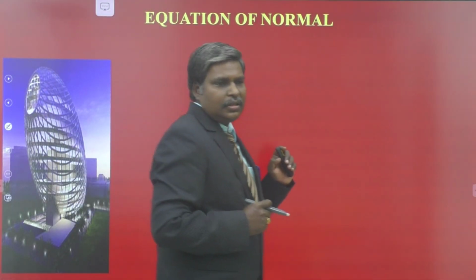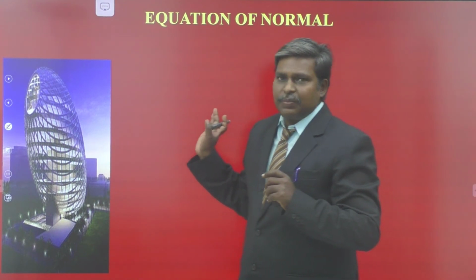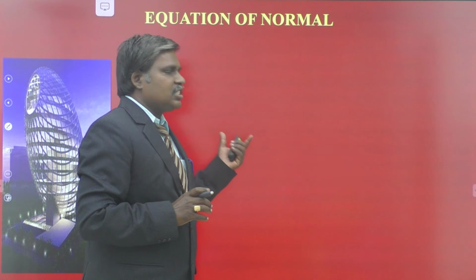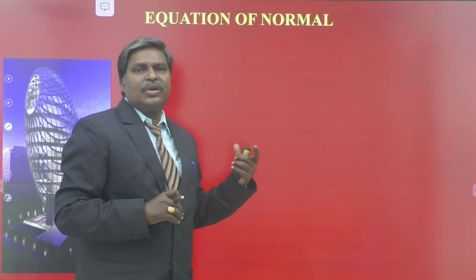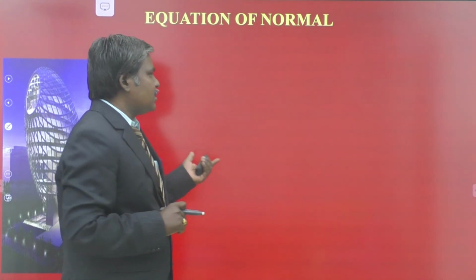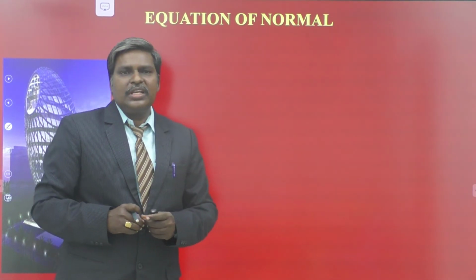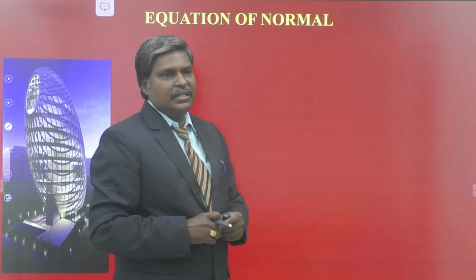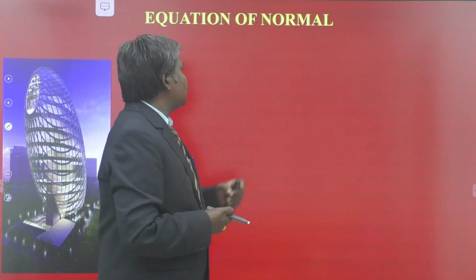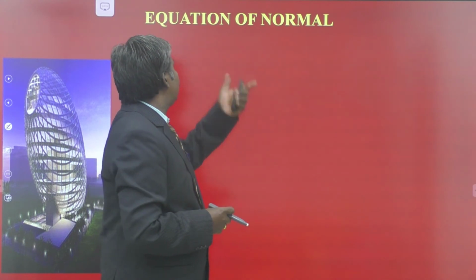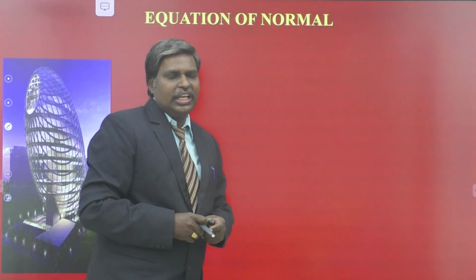Okay, guys, these are the concepts up to the tangents, and we discussed some of the concepts related to tangents. We have done some of the problems related to the tangents. Now let us see the equation of normal to the ellipse at any point on the ellipse. So after getting the concepts related to the tangents, let us move to the normals to the ellipse.